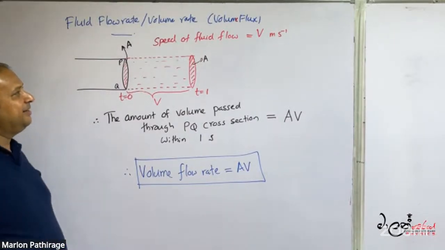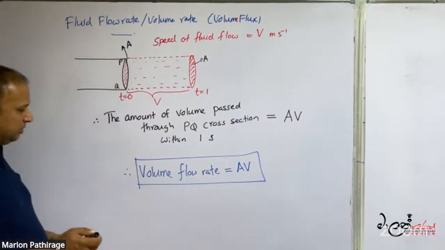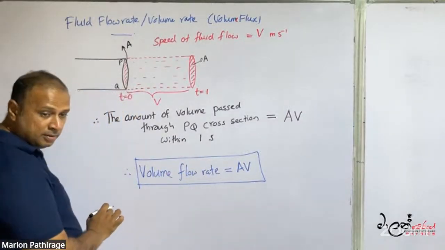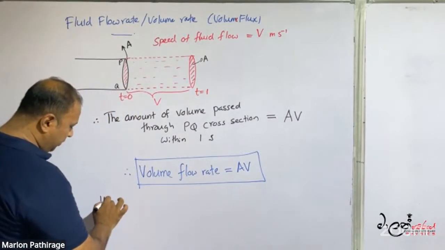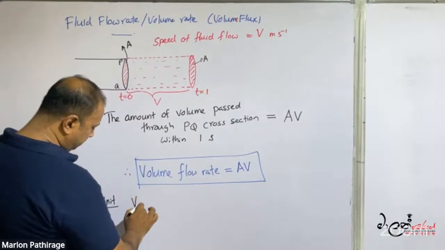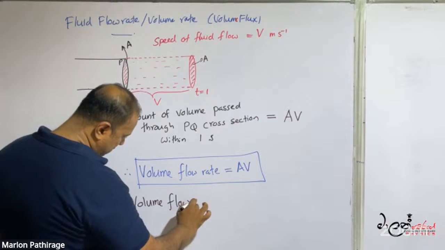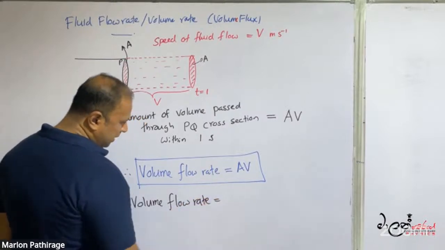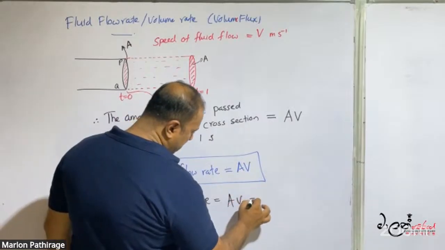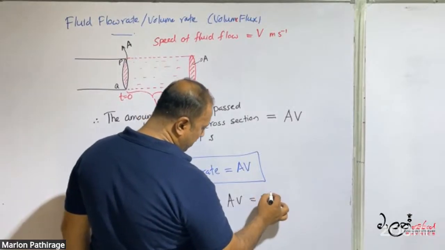Note this down. So we can reduce the units here. Volume flow rate is A into V. A means the cross-section area, so its unit is square meter.